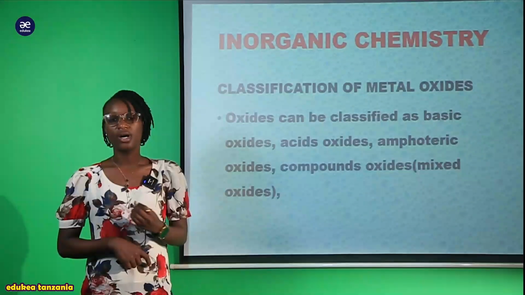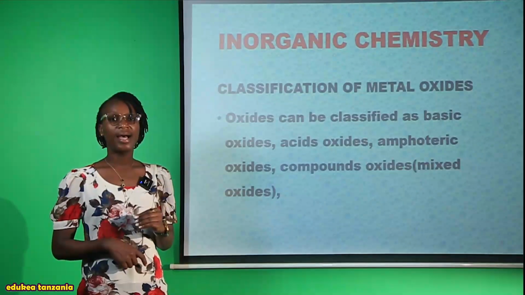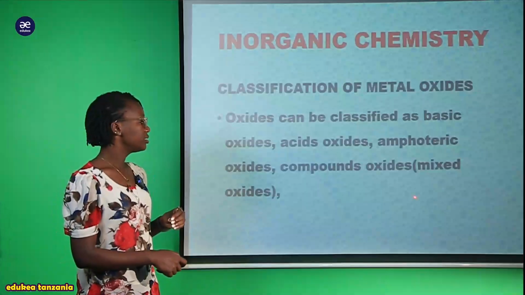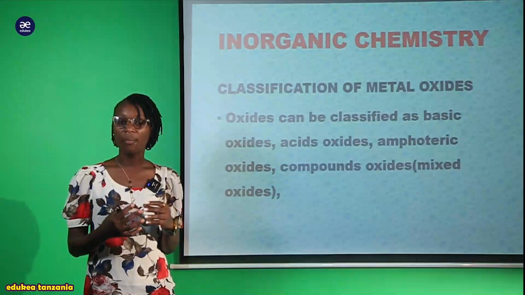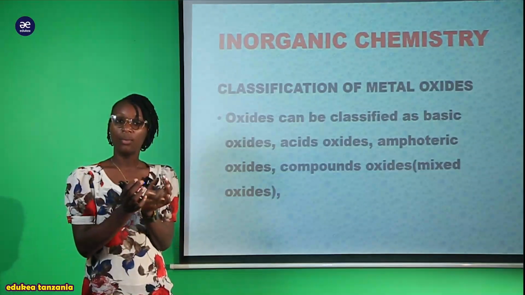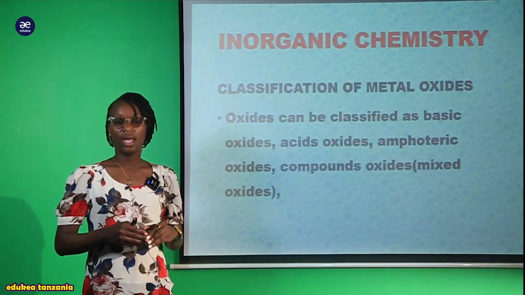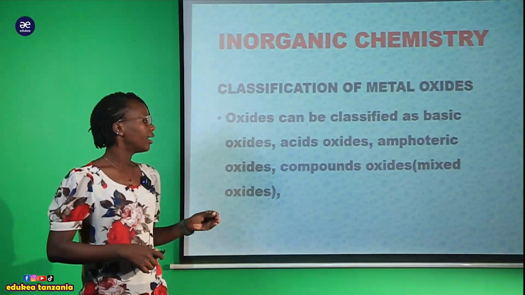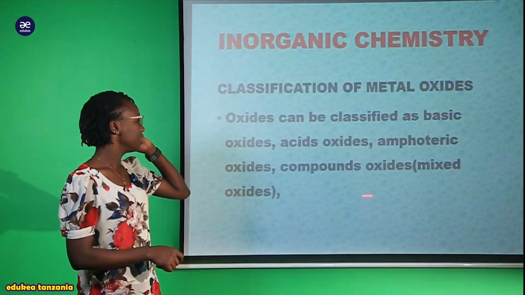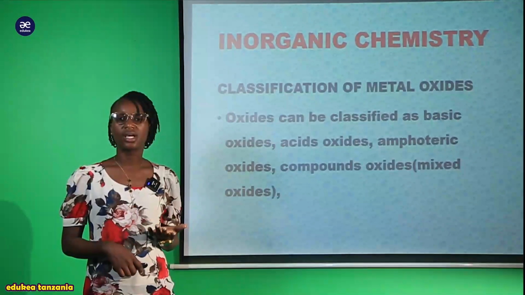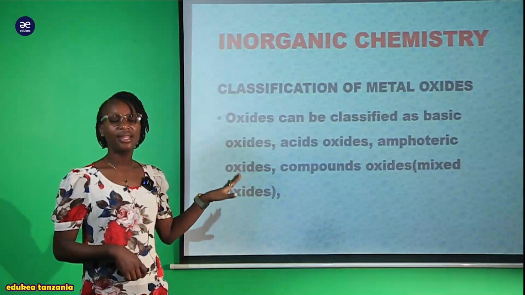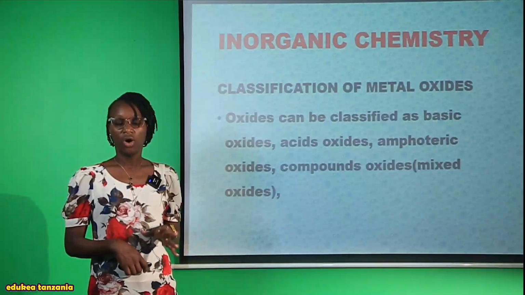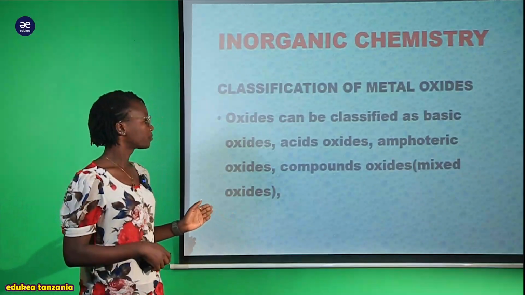Sasa hii compound oxide sometimes is known as the mixed oxide. Compound, kumbuka compound tunaongelea ule muunganiko, chemical combination of the substance, 2 or more substances. Kwa hiyo sometimes it's referred to as a mixed oxide or a compound oxide. So these are the main classifications of the metal oxide.